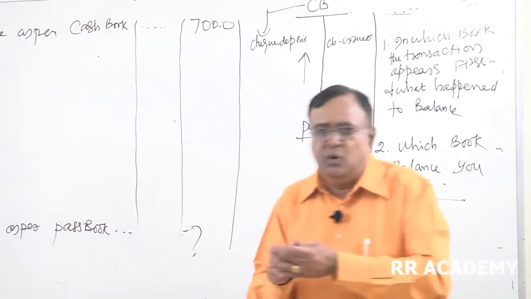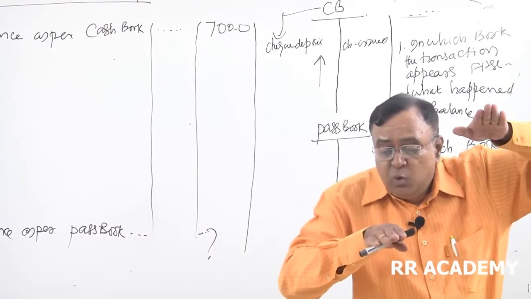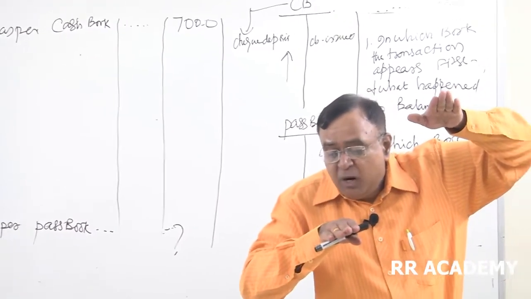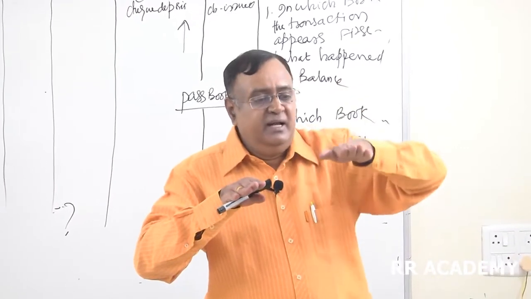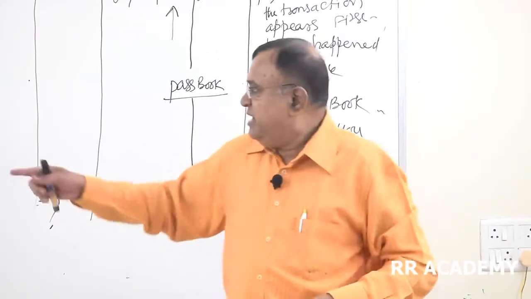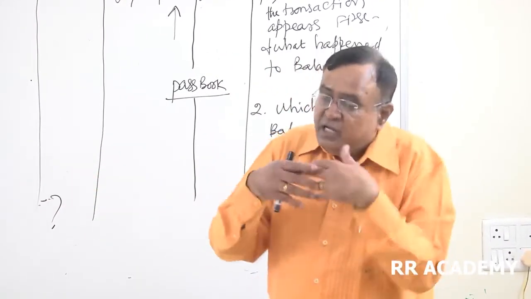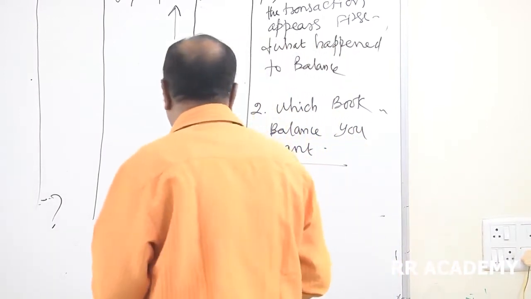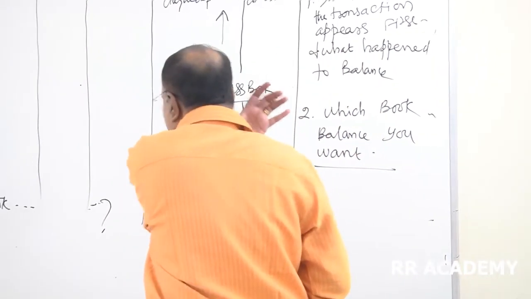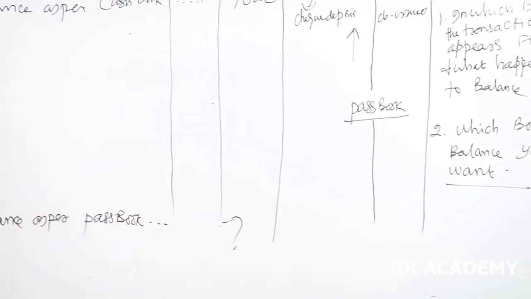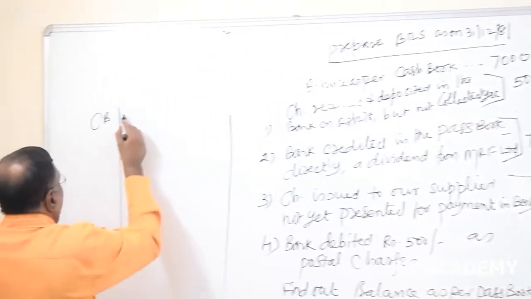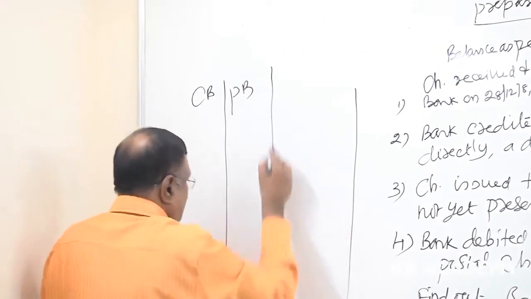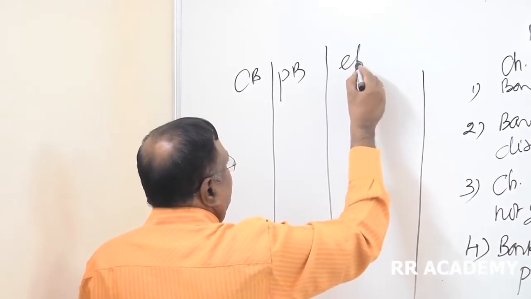If you want the passbook balance, what should we do? The cash book balance less. So we have to write less. There is one more methodology, that also we will try, friends. Now, see here, cash book, passbook, effect.